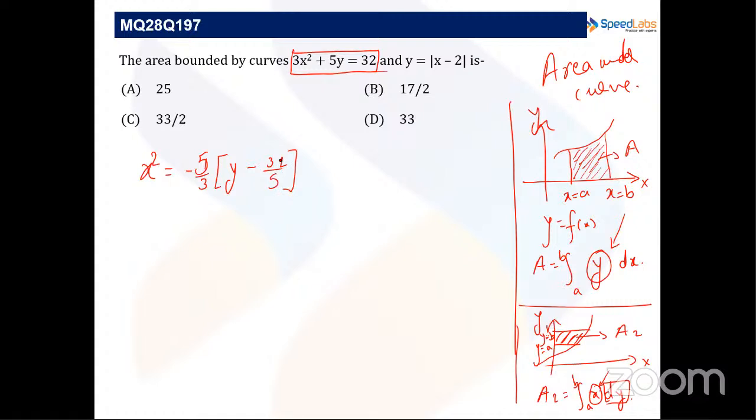So this is an equation of a parabola whose vertex is at x equals to 0 and y equals to 32 by 5. Let's plot this parabola. So y equals to 32 by 5 here, and x is 0.